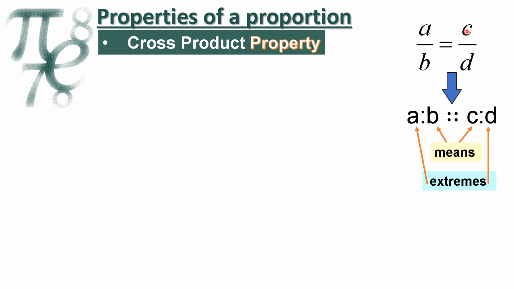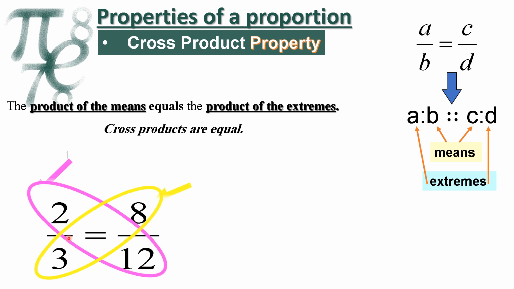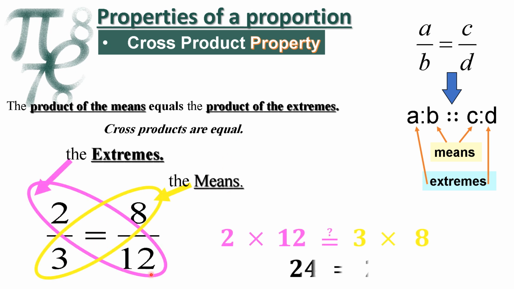The product of the means equals the product of the extremes. Cross products are equal. 2 multiply 12 equals 3 multiply 8.